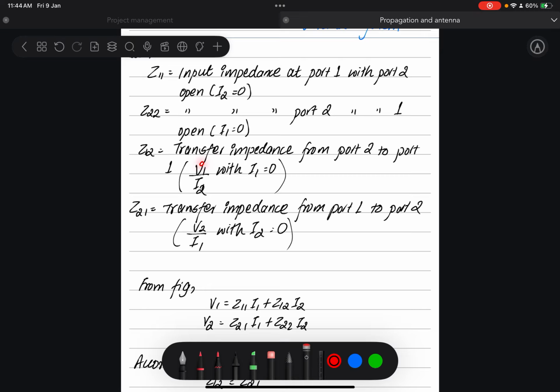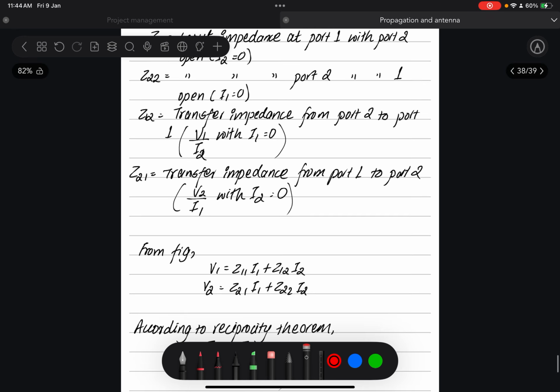Z12 is the transfer impedance from port 2 to port 1, considering V1 by I2 with I1 equal to 0. It's basically V by I, and we mention the 1 and 2 here because it is a transfer impedance with reference to the two ports.